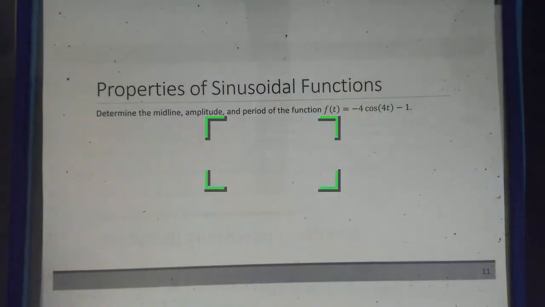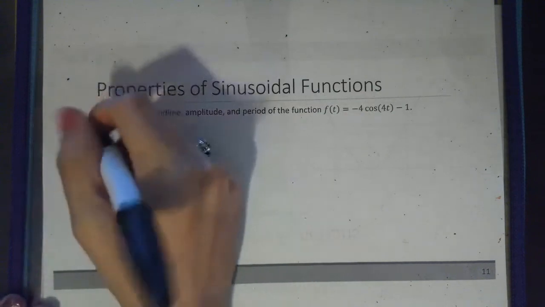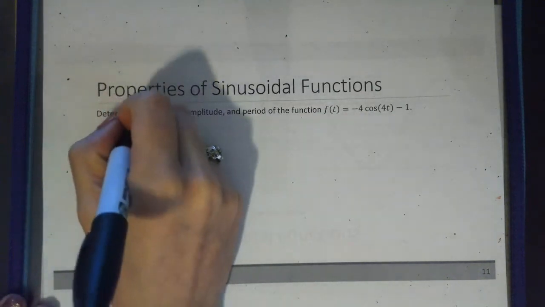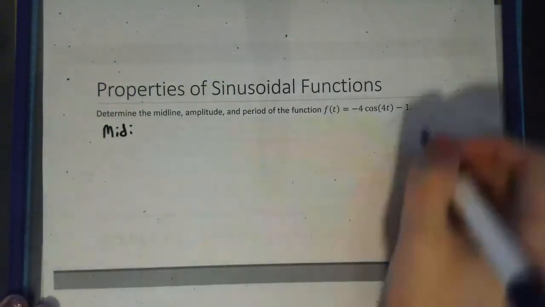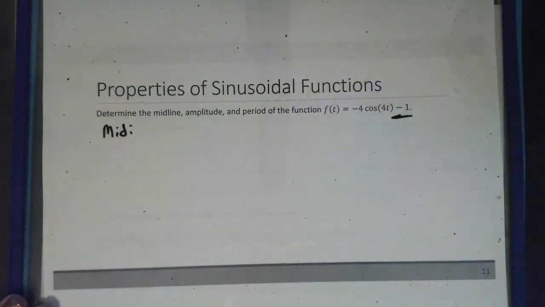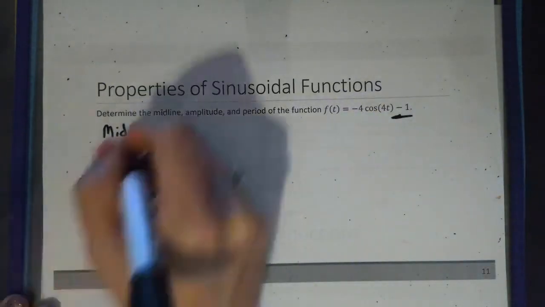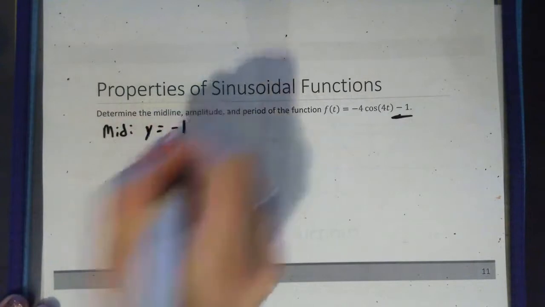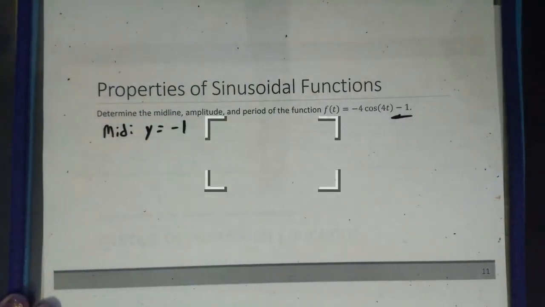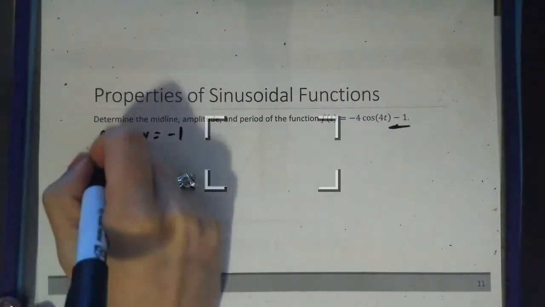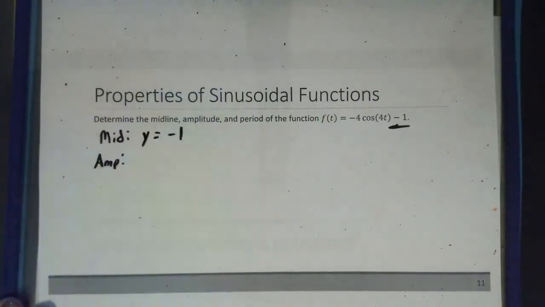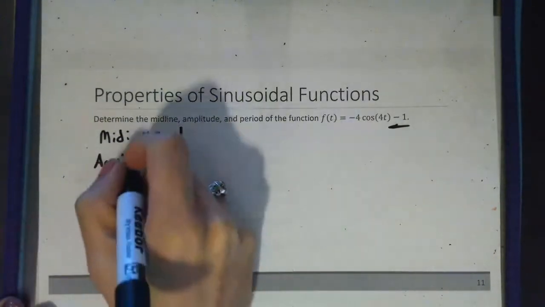We are going to determine the midline, the amplitude, and the period for the function f of t equals negative 4 times the cosine of 4t minus 1. I'm going to start with my midline because the midline is your vertical shift at the end. The midline is a horizontal line, so it will be y equals negative 1. Our amplitude is given by the absolute value of the number out front.